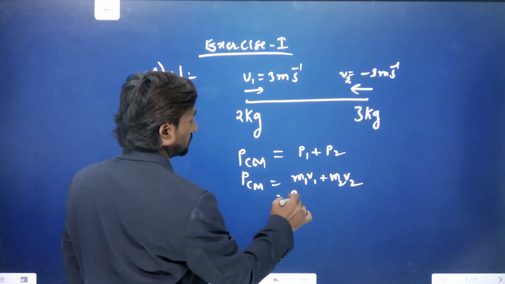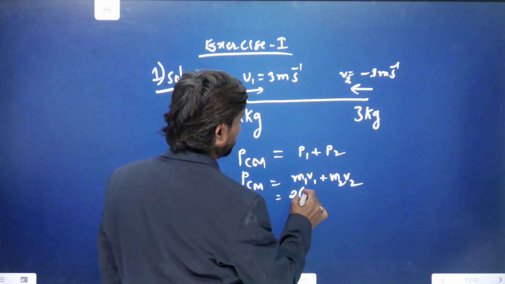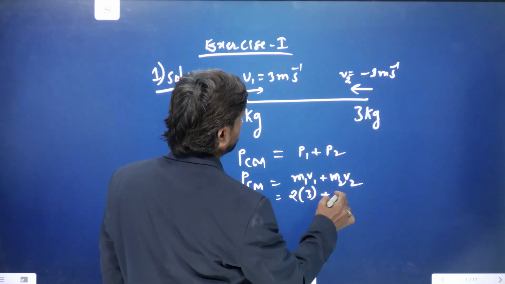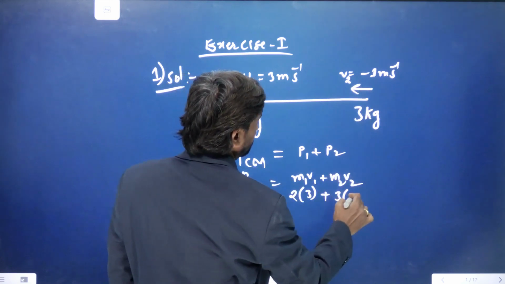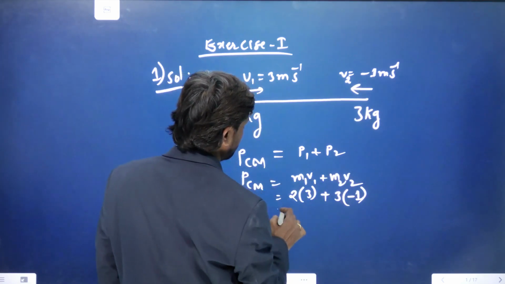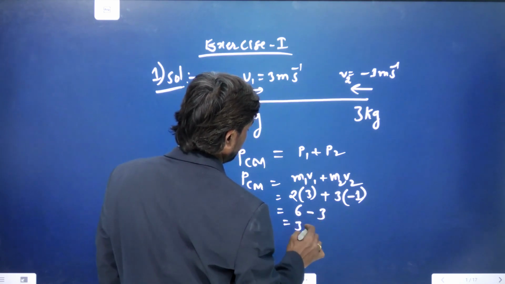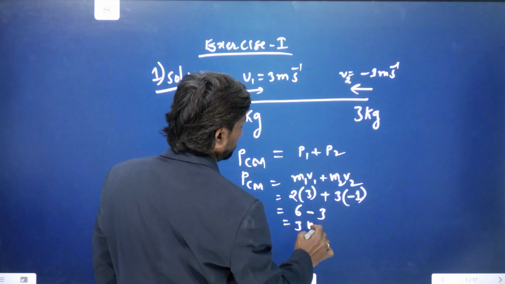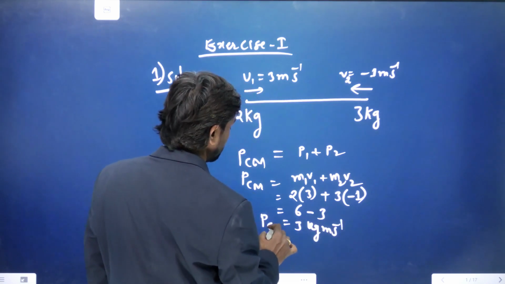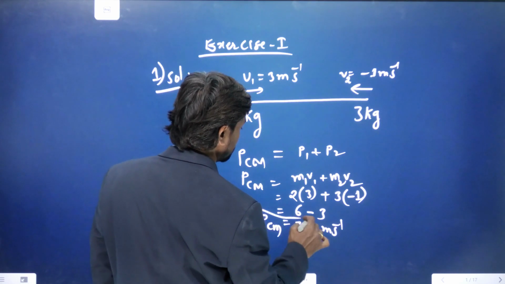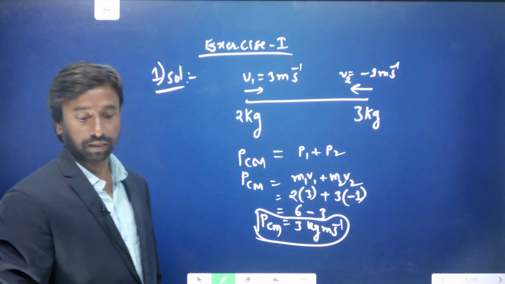M1 is 2 kg and V1 is 3 meter per second, plus M2 is 3 and velocity V2 is minus 1. So we will get 6 minus 3, that is 3 kg meter per second. So this is the linear momentum of center of mass. That is the answer. Okay.